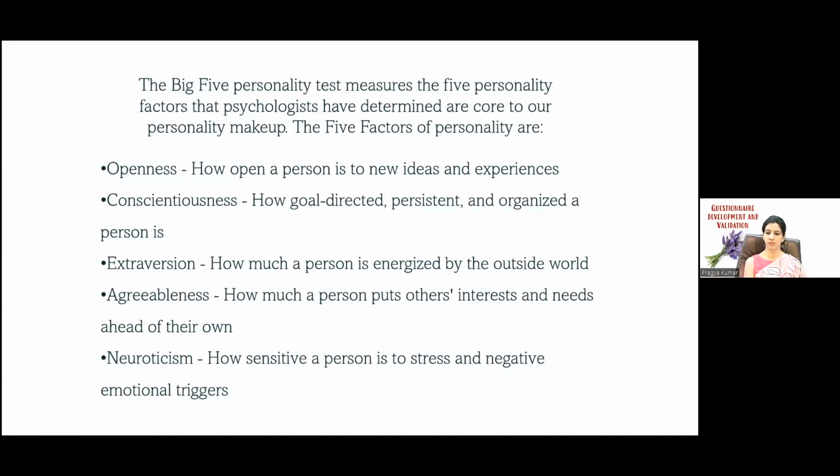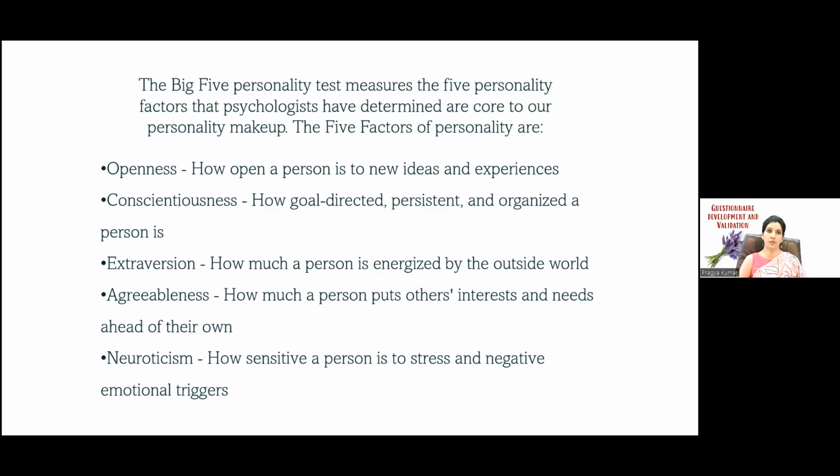So this was a questionnaire which had 50 items, and this is a Big 5 personality test. This Big 5 personality test measures the 5 personality factors that psychologists have determined are core to our personality makeup. And these 5 factors are: the first is openness. Openness means how open a person is to new ideas and experiences.